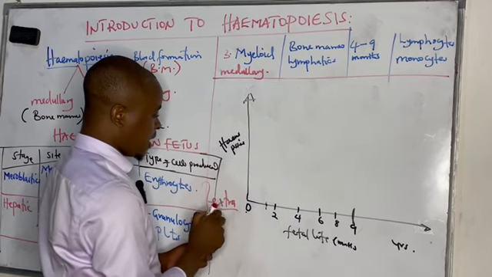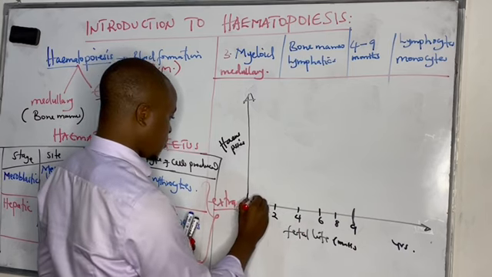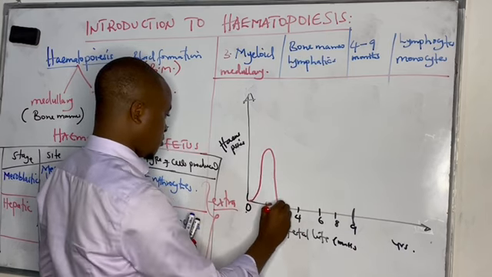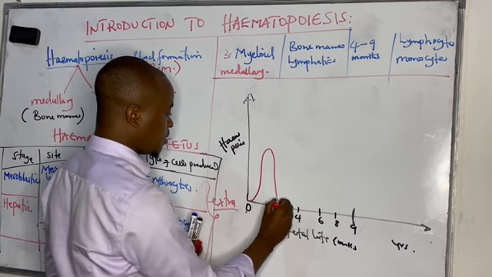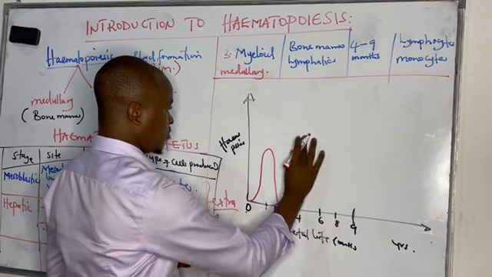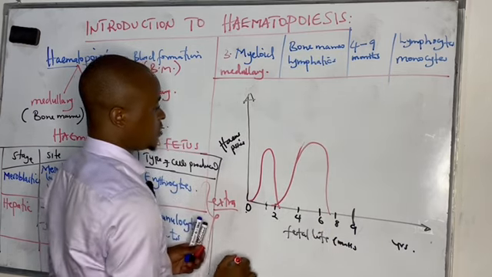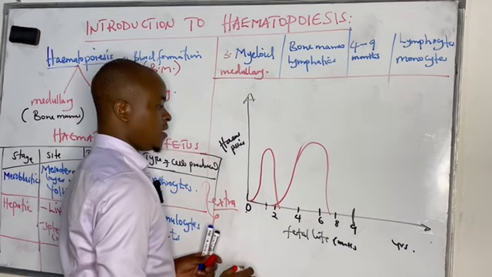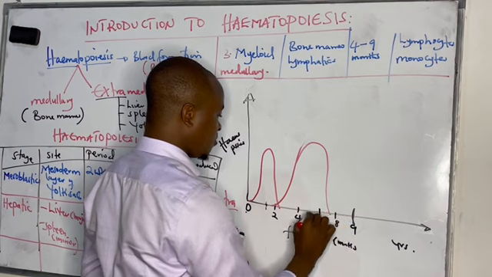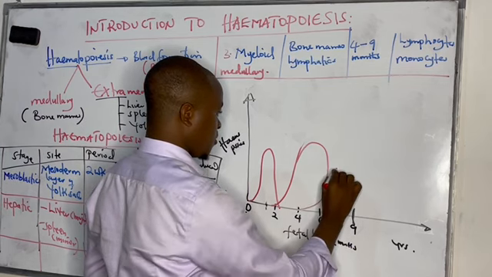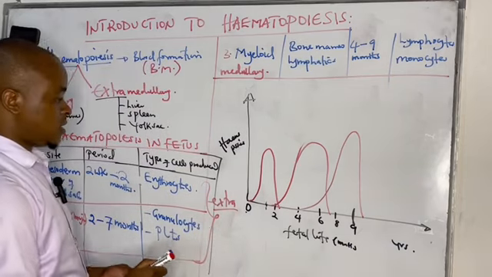That haematopoiesis, or hemopoiesis, we see it occurring in the yolk sac from 2 weeks to 2 months. This is in the yolk sac. Then from 2 months to 7 it is in the liver and the spleen. Then from 4 up to birth it is occurring in the bone marrow.